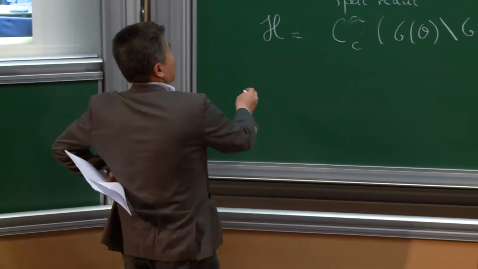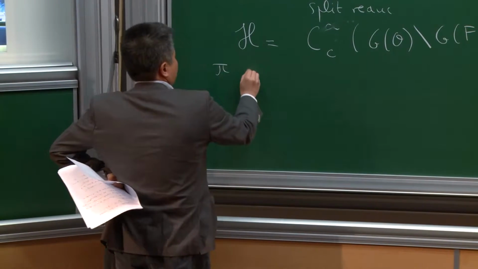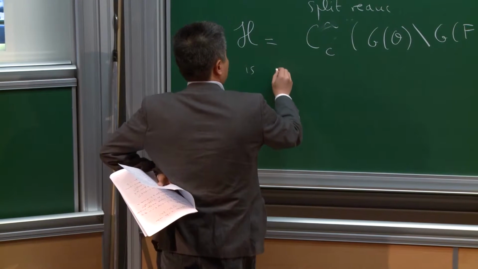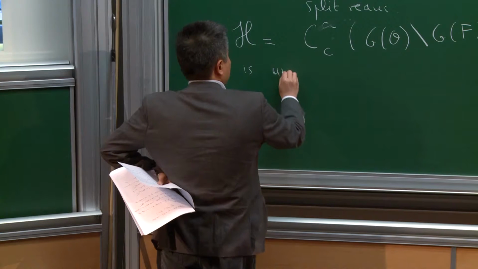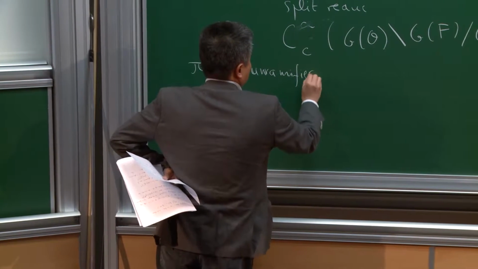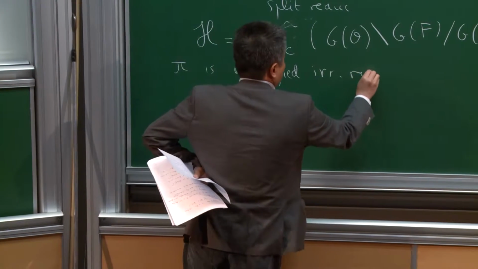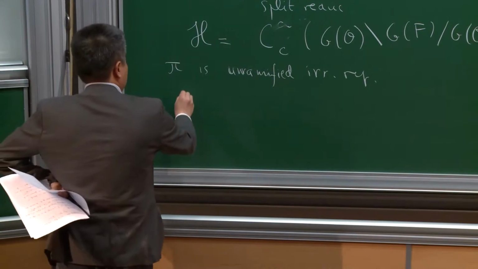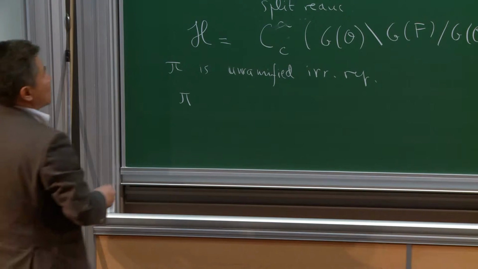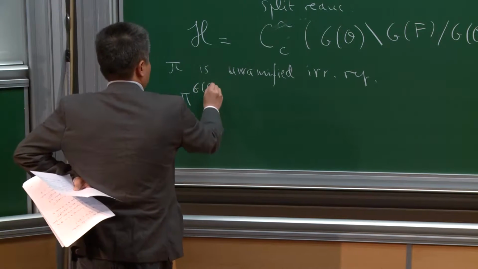So if pi is an irreducible unramified representation, that means pi has a non-zero vector fixed under the action of G(O).